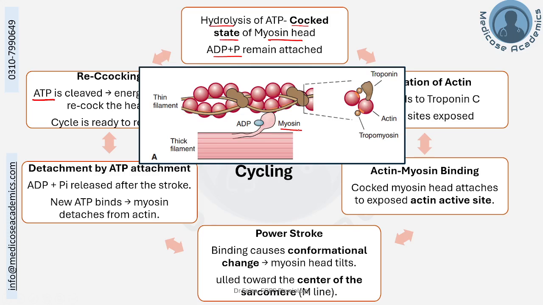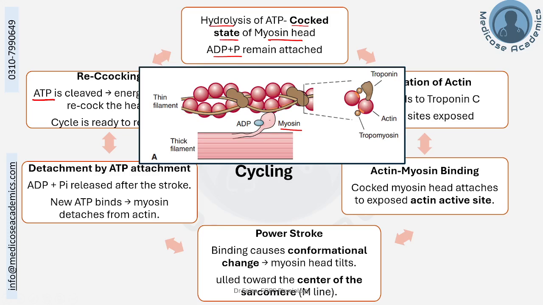What will this myosin head now want? It will now want to attach to the actin molecule. Unless and until it is activated, it will not be ready to attach to the actin filament. Now that it is activated, it wants to attach to the actin filament, but the problem is that the active sites of the actin filament are blocked by the tropomyosin.